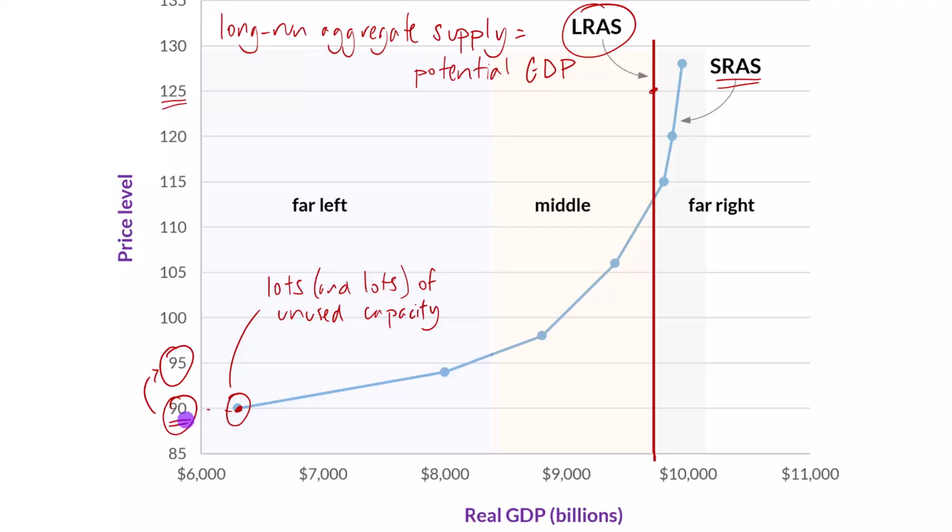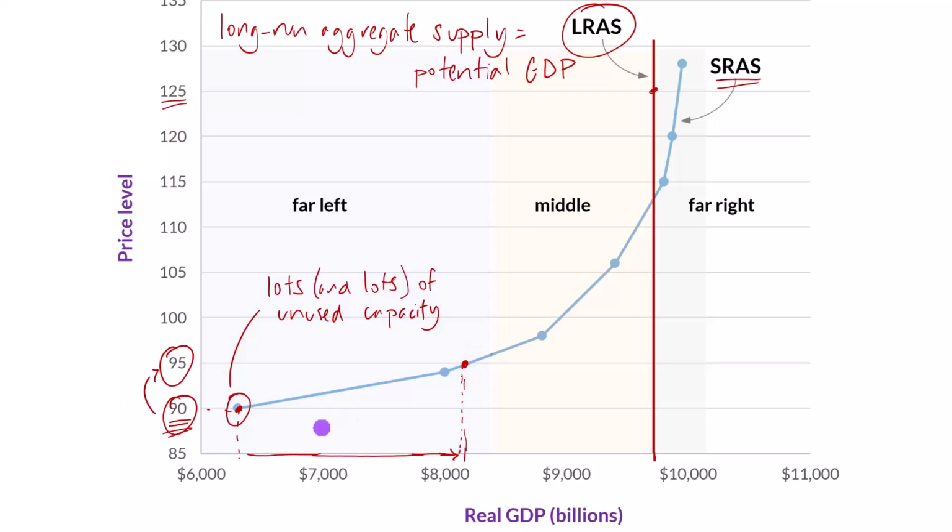So from 90 to 95, because there is so much unused capacity, so many workers who aren't working, so many factories that aren't being used, a small increase in the price level is going to have a huge effect on output, that is on GDP. So you just get this little bump in the price level, and suddenly everyone starts going crazy and producing more stuff. Okay, so, well, about there.